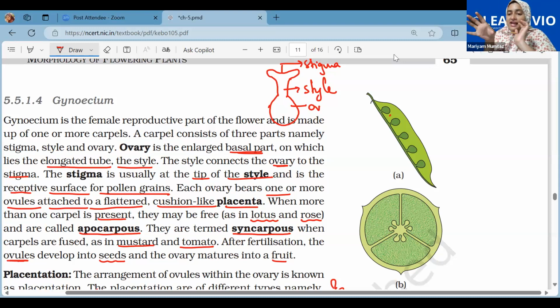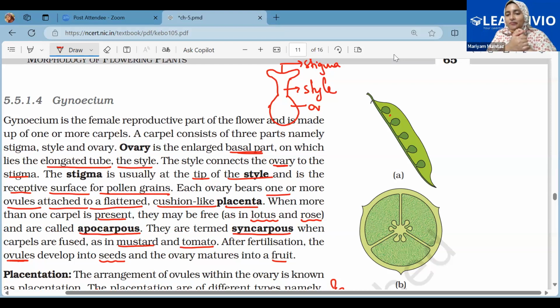Whenever fertilization takes place in a plant, the ovary becomes a fruit, right? Whether it is the garden peas, the lemon or the mango, all of them have been formed from the mature ovary. So in terms of biology, they are fruits, meaning they are mature ovaries.